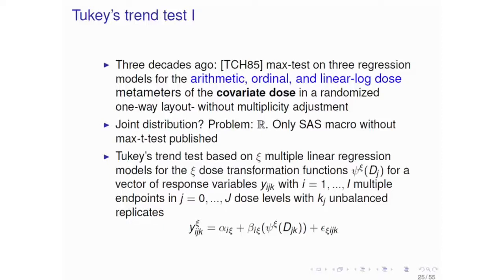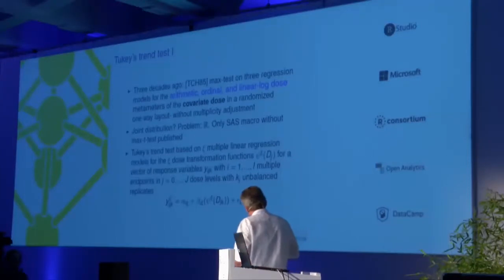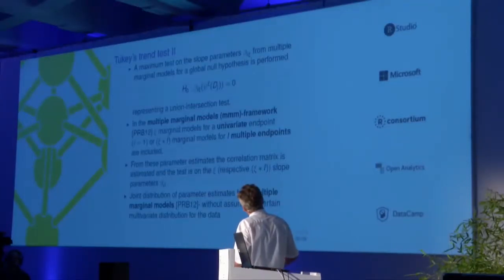And of course, you have Xi models, 3 models. Xi is 3: arithmetic, logarithmic, ordinal. And you can estimate this marginal model very simply. And you can perform a simple test on the slope. Are these 3 slopes, maximum test, unequal to 0?